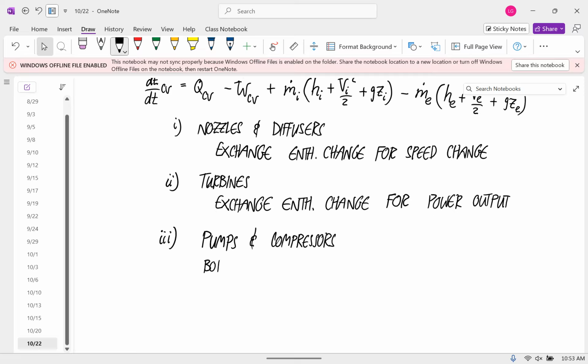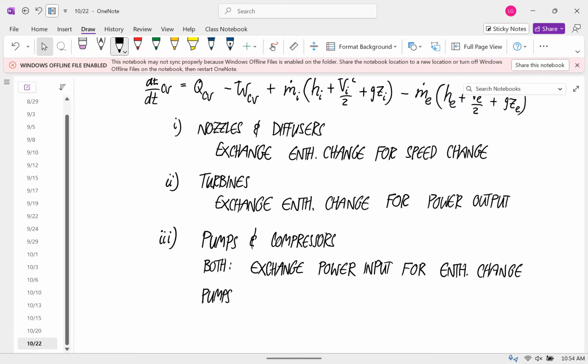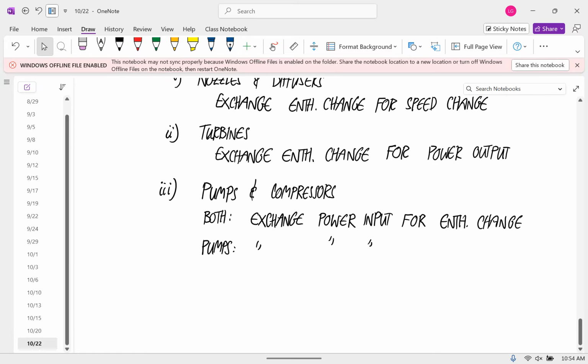Both of these can exchange power input for enthalpy change. And then pumps can also be used to exchange power input for height change.